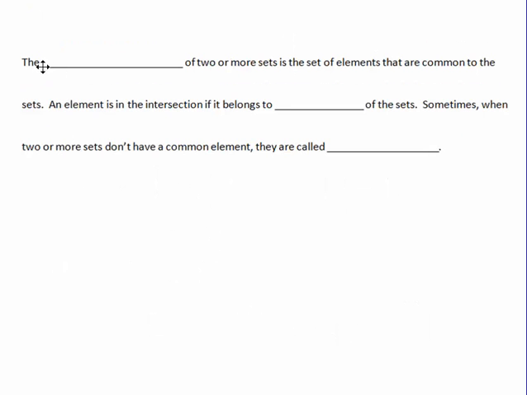Okay, the intersection of two or more sets is the set of elements that are common to the sets. An element is in the intersection if it belongs to both of the sets.